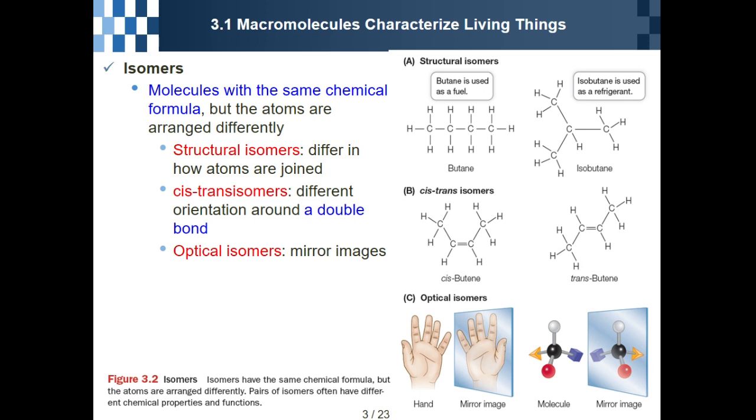And optical isomer is the mirror image. So if, for example, this finger is like this, the mirror image is like this. So this is amino acid.